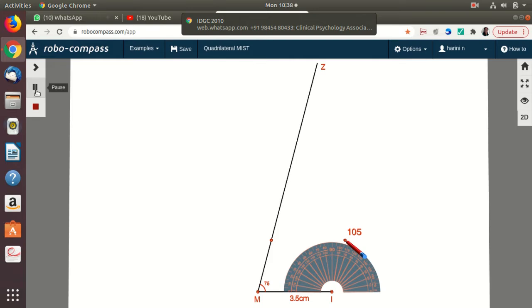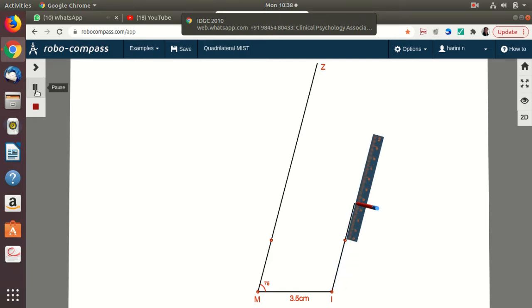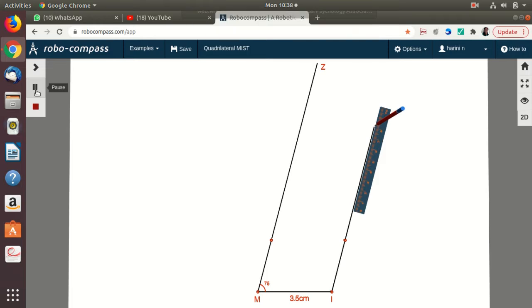When you were at M, the 0 had to be seen from the right side. Now, when you keep your protractor at I, the 0 is starting from the left side because that is where the baseline is and that is where the angle will open from. So you should see that 0 is here. From here, you will start counting. You will reach 90, 100, then 105 here. I hope it is clear.